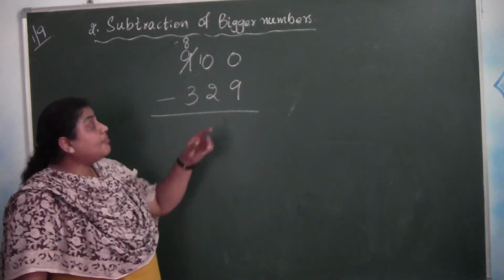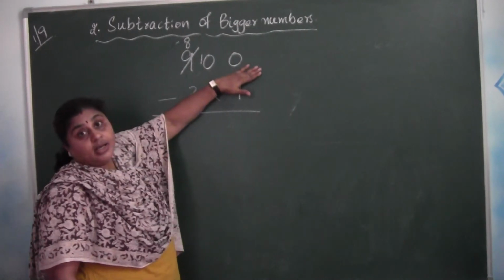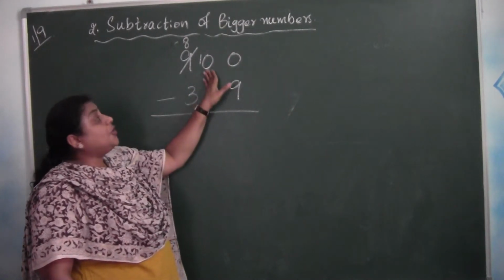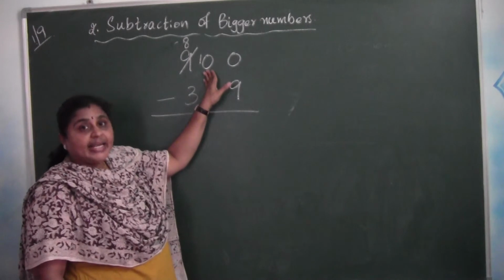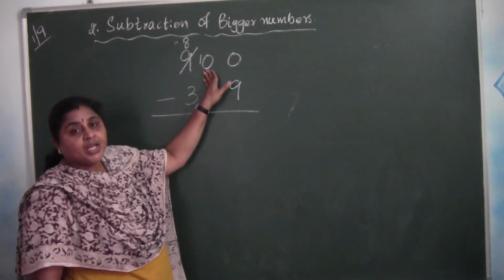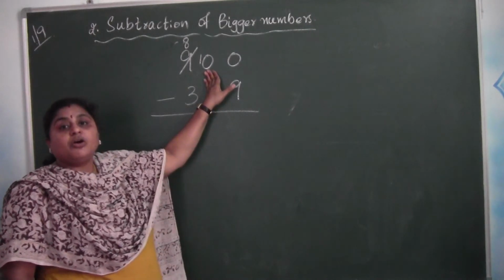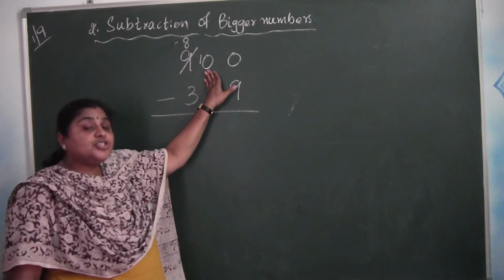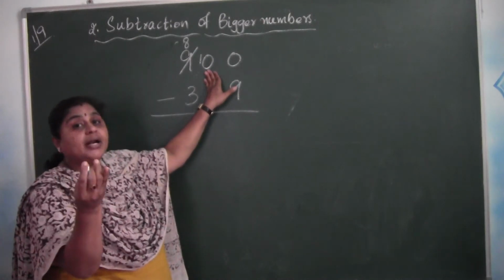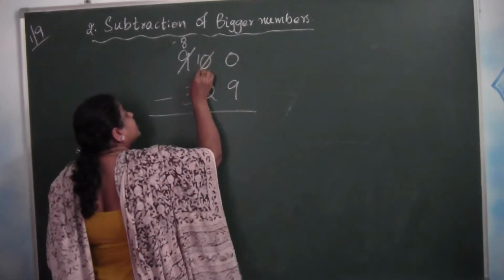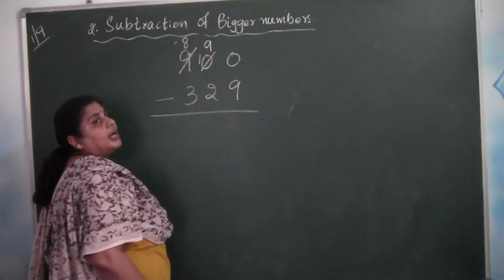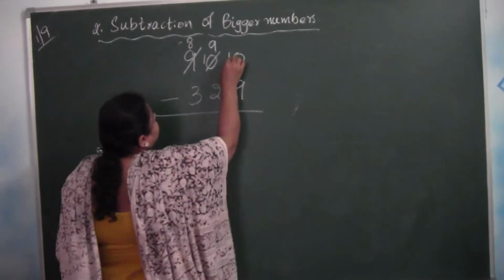But where do I need the borrow? I need a borrow here. Okay. Now the 0 got changed to 10. Now I can take a borrow from 10. When I am taking a borrow from 10, 10 is changing to its before number. That is, 10 changes to 9 and the 0 changes to 10.